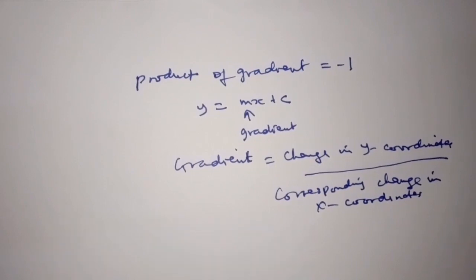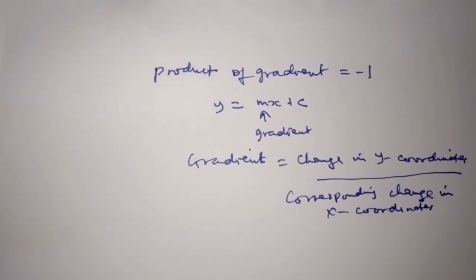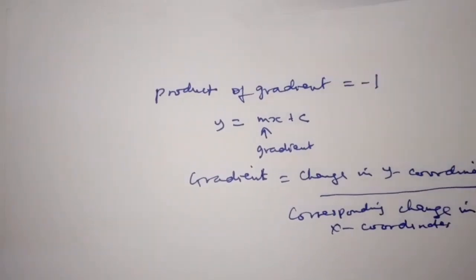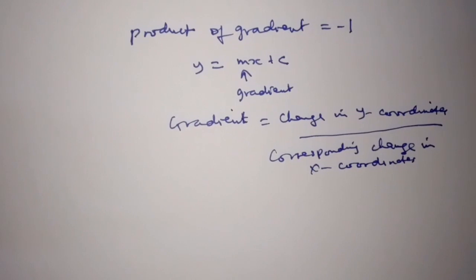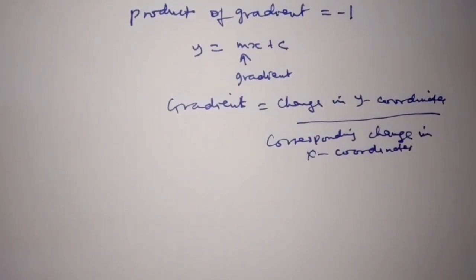So we are told that a perpendicular line is drawn from a point (3, 5). So we can sketch the perpendicular line here.